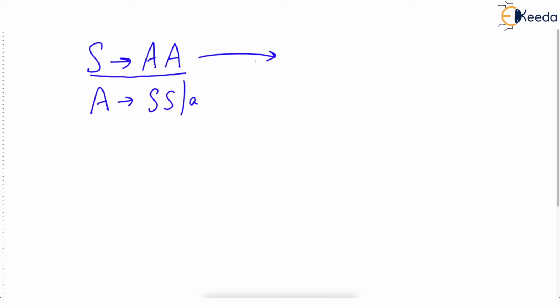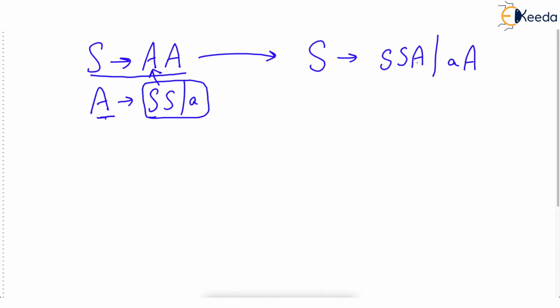What if I decide that I will replace the value of A, whatever A derives, this portion, in this first A over here, right? So what will S be? S will be SSA or AA. Just observe this SS I got from A. A derives SS.